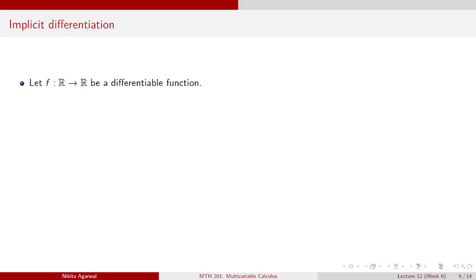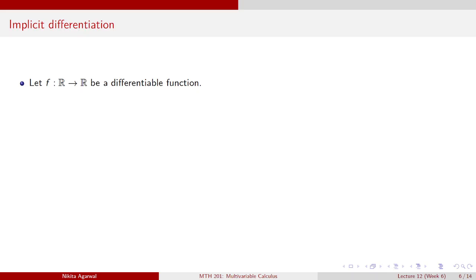So in the next few slides, we are going to talk about what is known as implicit differentiation. You have seen a version of it in one variable, right? When you use it to implicitly differentiate an equation with respect to one variable.